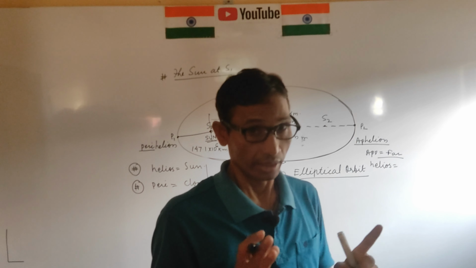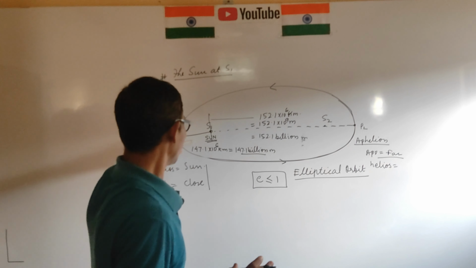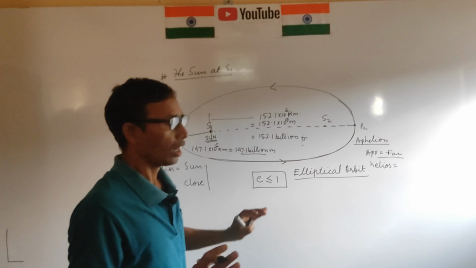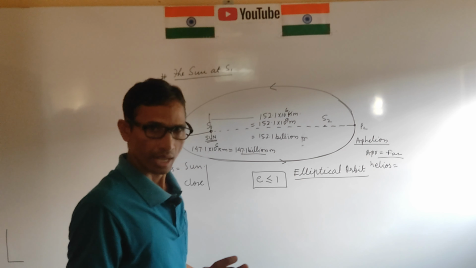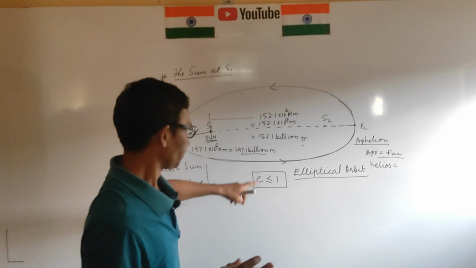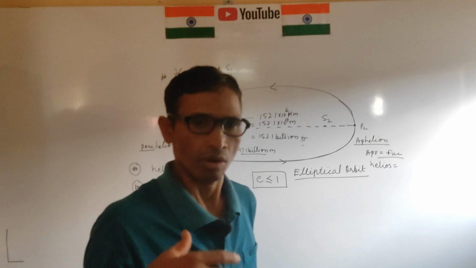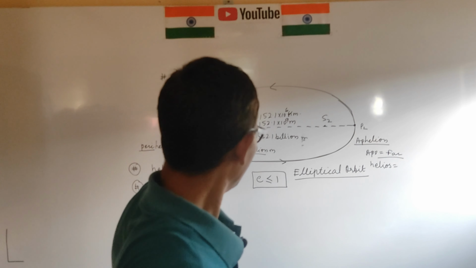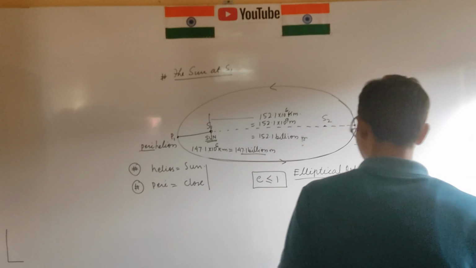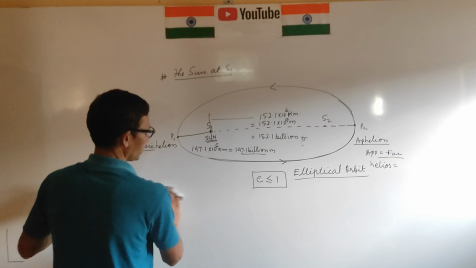All the 8 planets revolve around the sun in an elliptical path like this. So we will know more about this elliptical path.